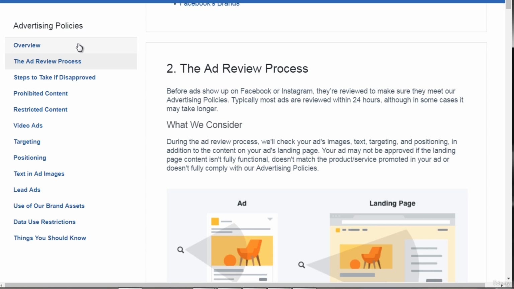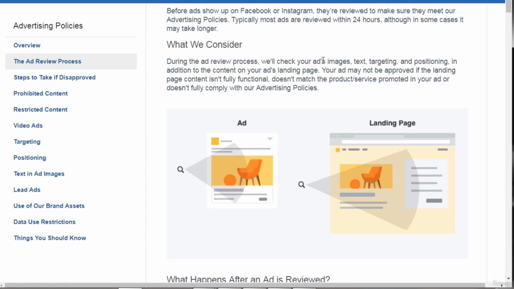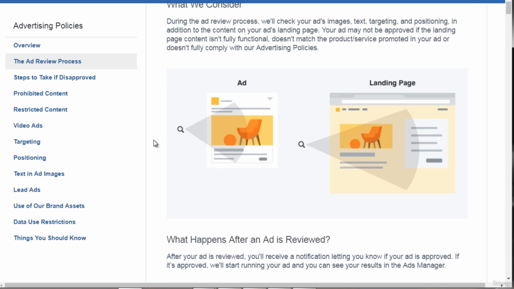So if we go back to the first page, we can see the ad review process. So we can get an idea of how they review ads. So it says during the ad review process, we'll check ads, images, text, targeting, and positioning. Now, usually by default, the Facebook robot will essentially approve your ad.